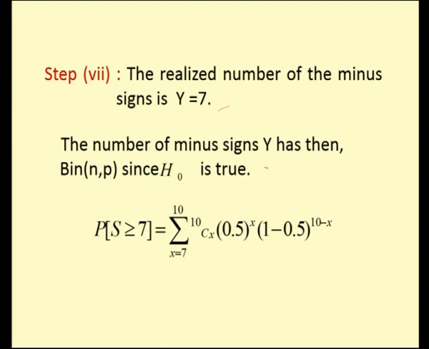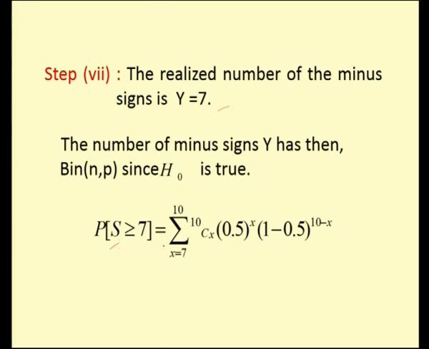The number of minus signs y has a binomial distribution with parameters n and p, since your H naught is true. Here, H naught is that the median value is equal to 1.8. So you want to find S, the number of signs greater than or equal to 7.